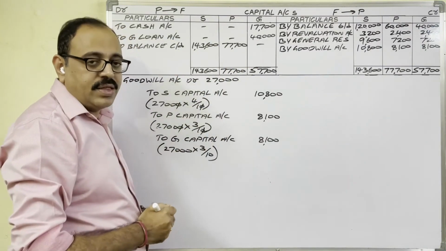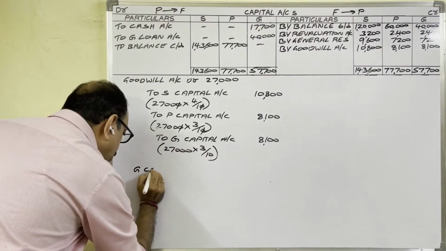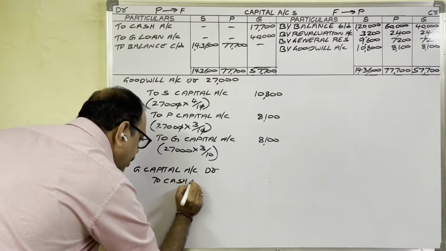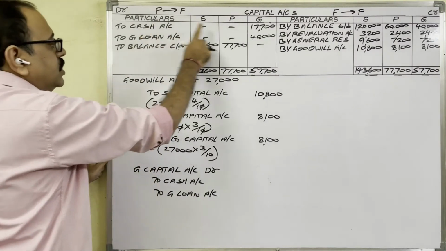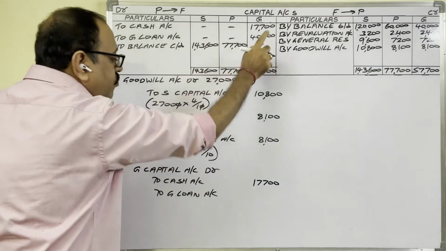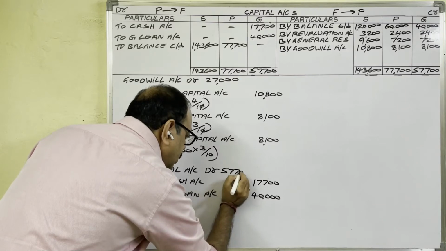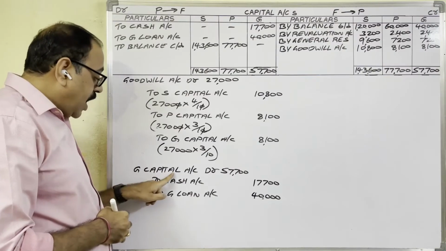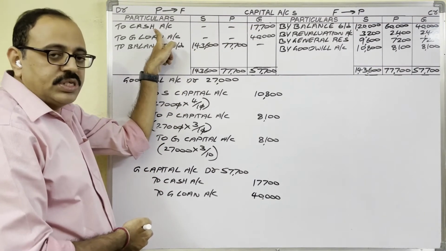If you want to post like that, while writing the journal entry, G capital account should be debited and cash account should be credited. G loan account should be credited. Cash 17,700. G loan account 40,000 rupees. Total 57,700 in debit column. As G capital is debited in the entry, in G capital account debit side we posted.